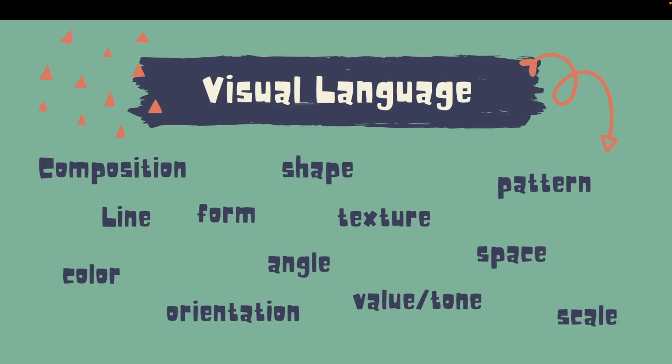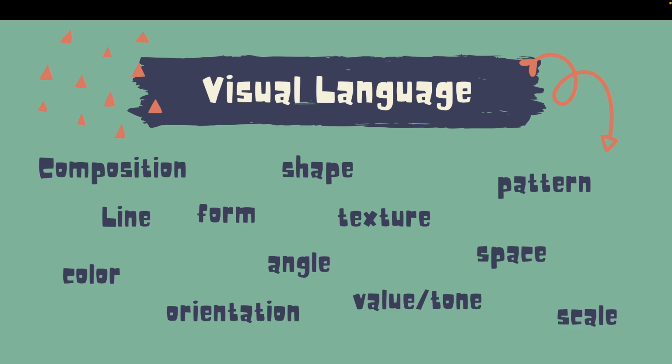With visual language, it varies per artist, especially if the artist is trying to create a new way of looking at a particular art piece or artwork, or a new set of visual language.